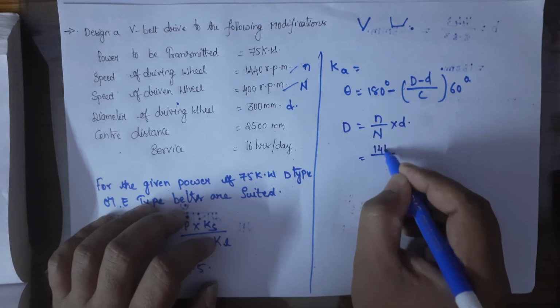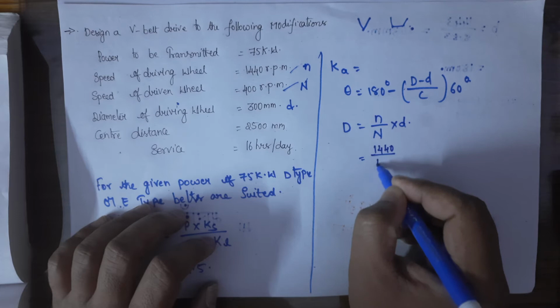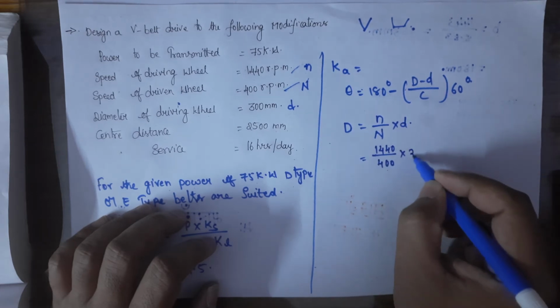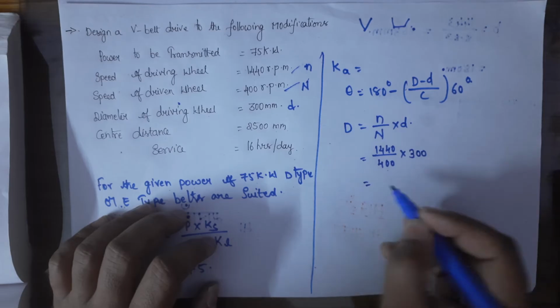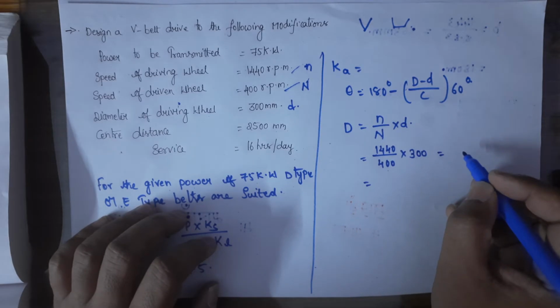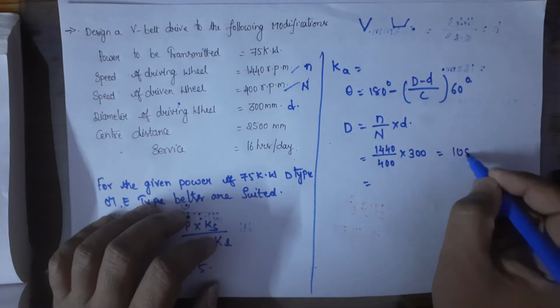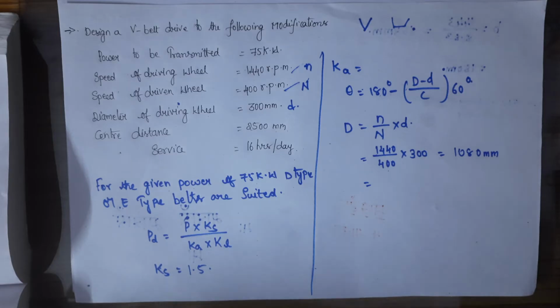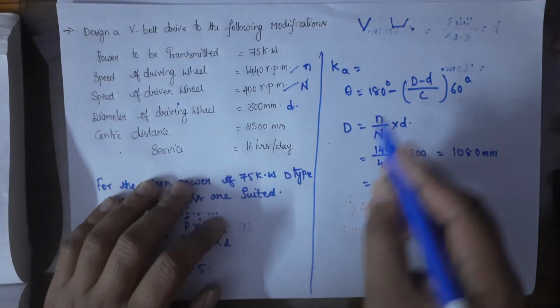440 by 400 into 300. So we can find out the capital D. The value that I have got is 1080 mm. Later we have to substitute the values in the given formula.